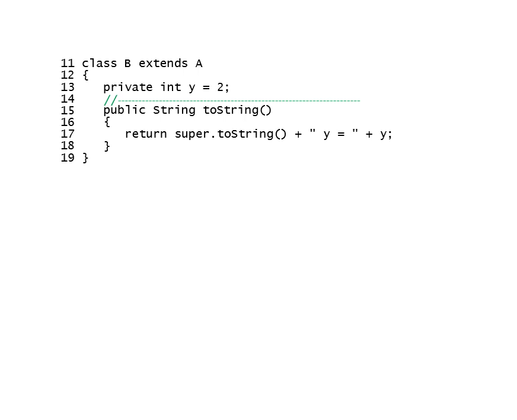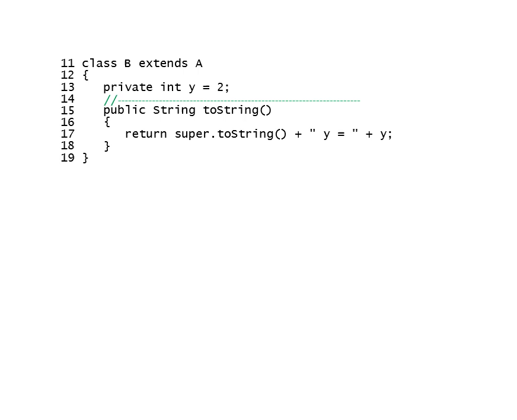Now, by saying super.toString, that indicates we want to call the toString method in the superclass. A B object actually has two toString methods. It has the one that's inherited from A, and then there's this one that is defined in B.